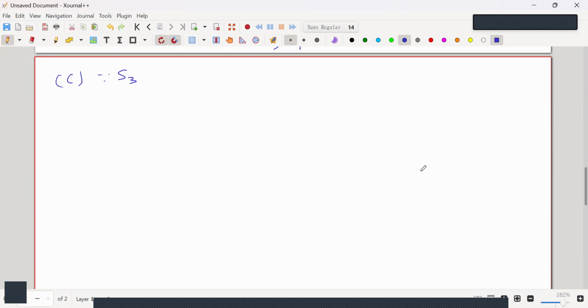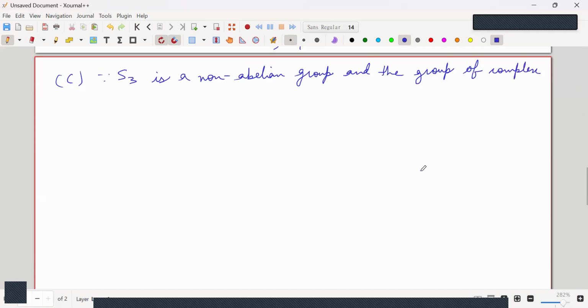So since S3 is a non-abelian group, and the group of complex sixth roots of unity is cyclic, they are not isomorphic.